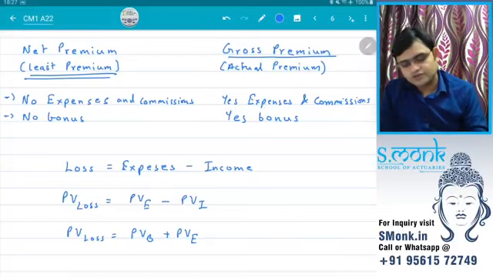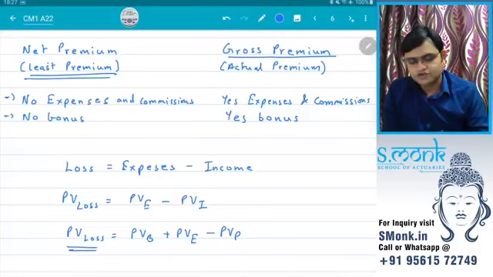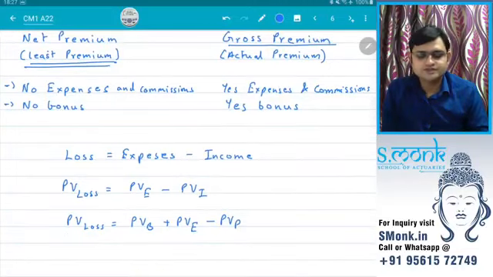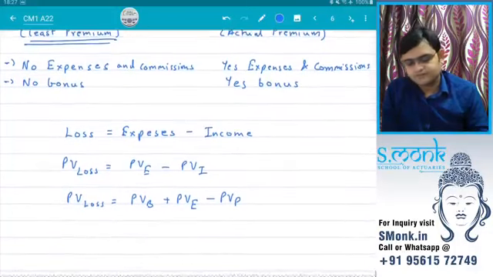What would be the income? Income is premium. That is the only income that we are talking about. Right? There is only one income, that is premium. Okay, so present value of loss is going to be nothing but present value of benefit plus bonus plus present value of expenses minus present value of premium.